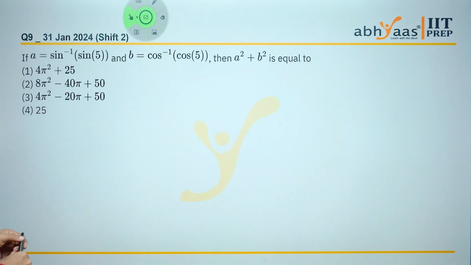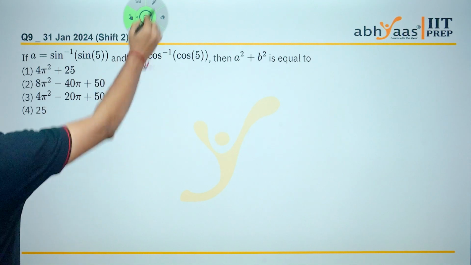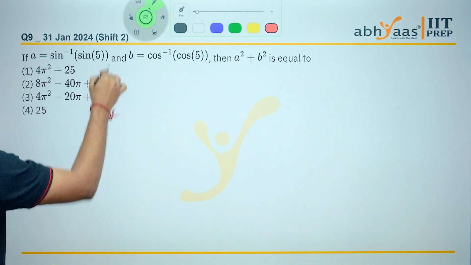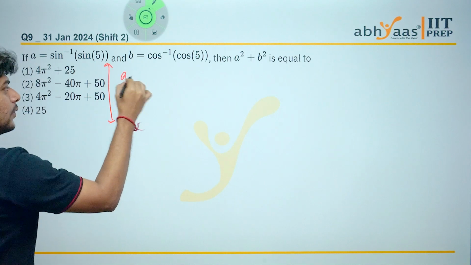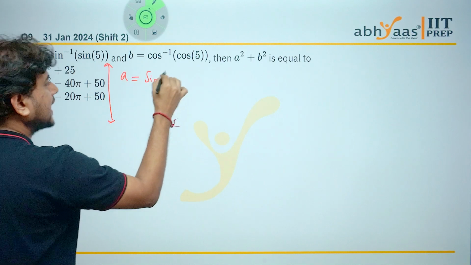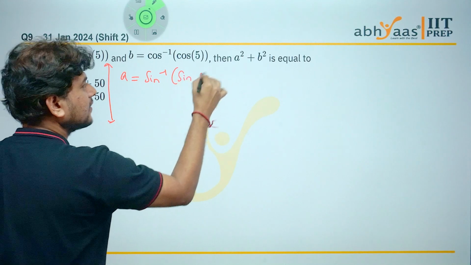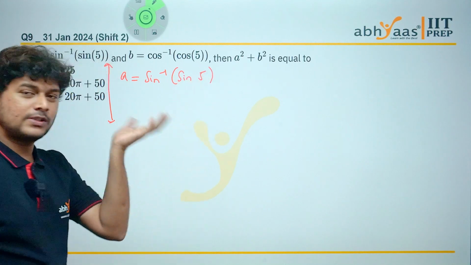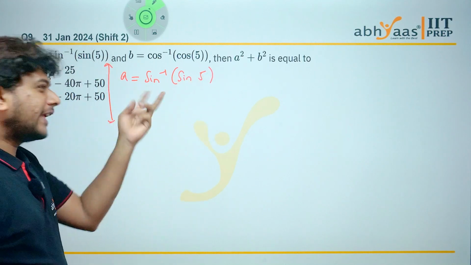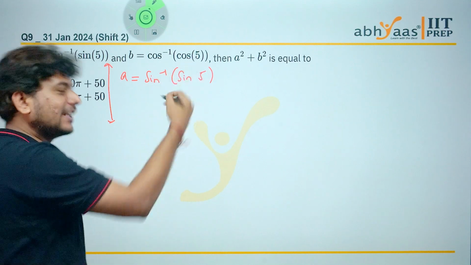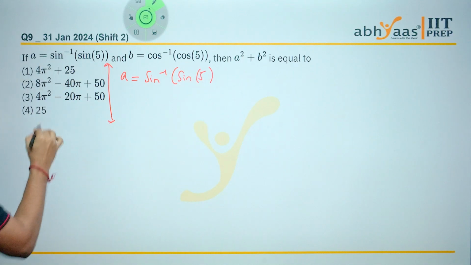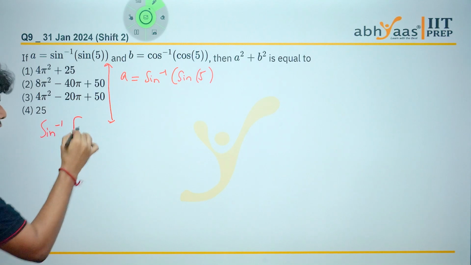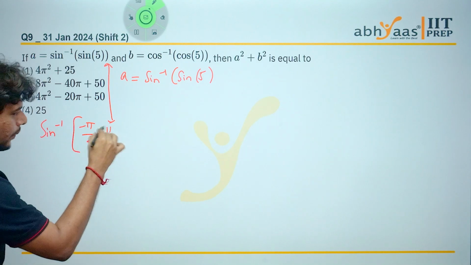We are given inverse trigonometry. Okay, this is nice. So given A equals sine inverse sine 5. We normally cancel sine inverse sine, but sine inverse should fall into minus pi by 2 to pi by 2.